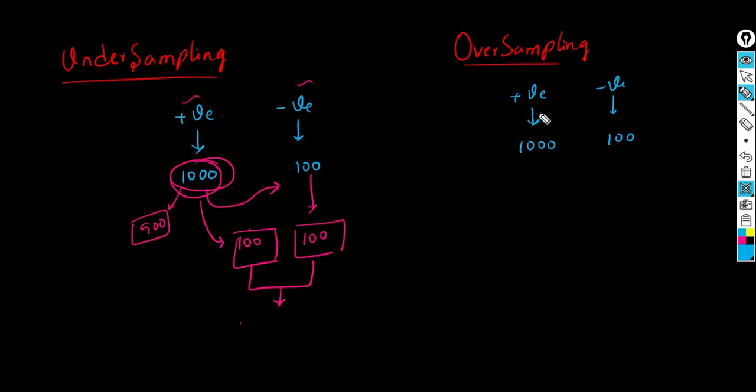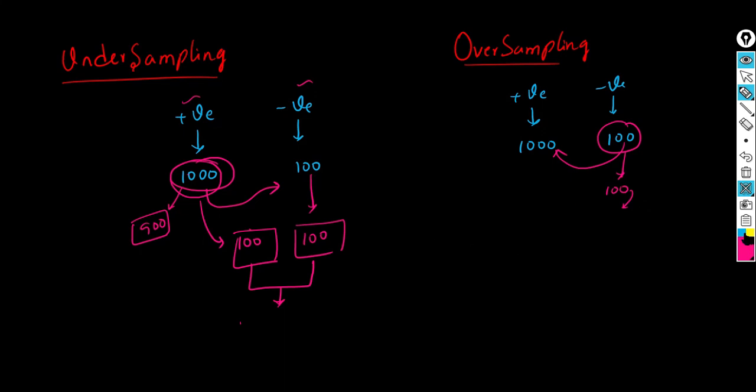Here the majority class is the positive class and the minority class is the negative class. In the oversampling approach, these 100 points we are going to make 1,000 points. We make the minority points equal in number to the points in the majority class. How can we do that? We repeat these points. We have 100 points and we repeat them.